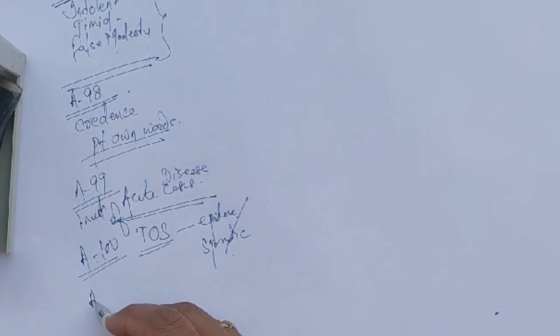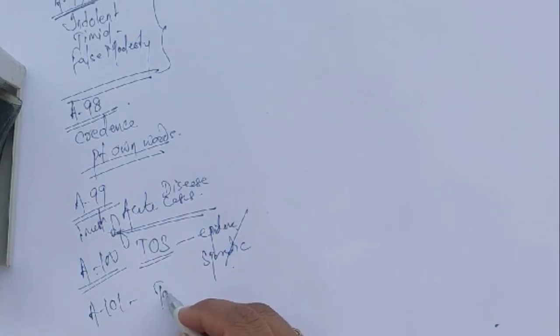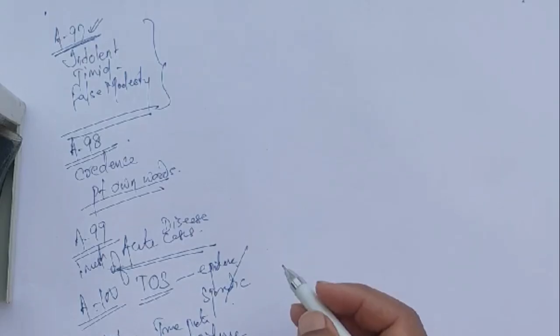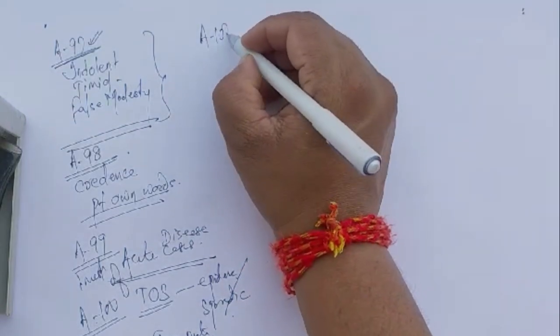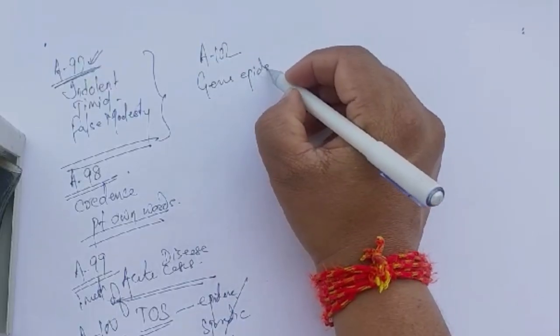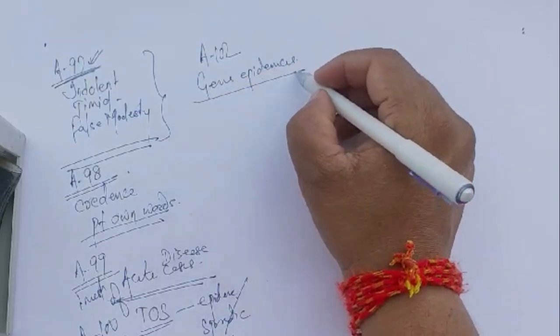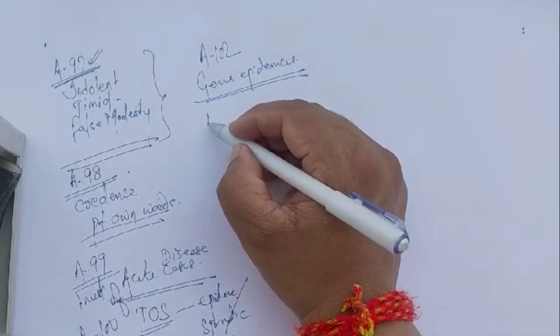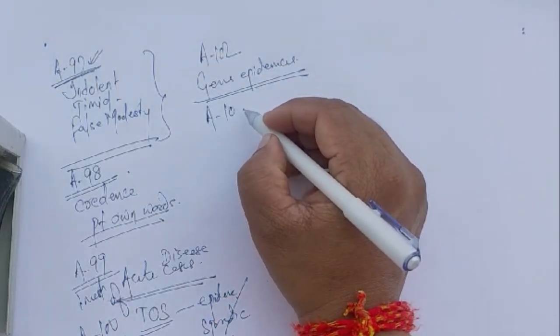In aphorism 101, how to elicit the true picture in epidemic disease. 101. And aphorism 102, genus epidemicus. How to find out the genus epidemicus in epidemic, how to find out the remedy, taking which all consideration of symptoms of different patients.